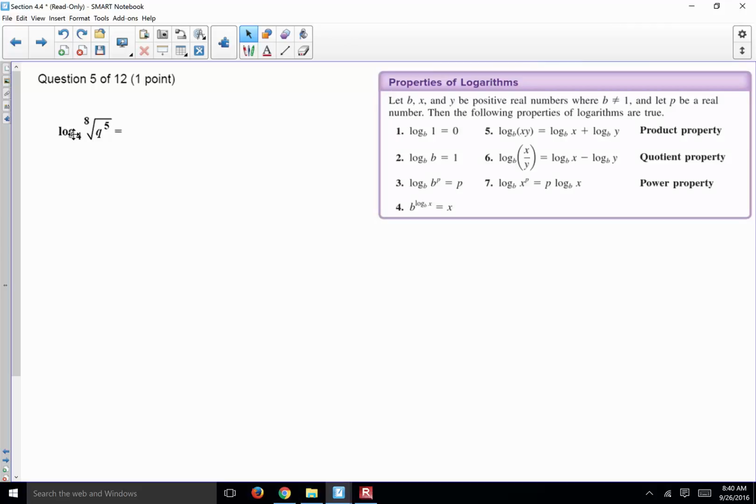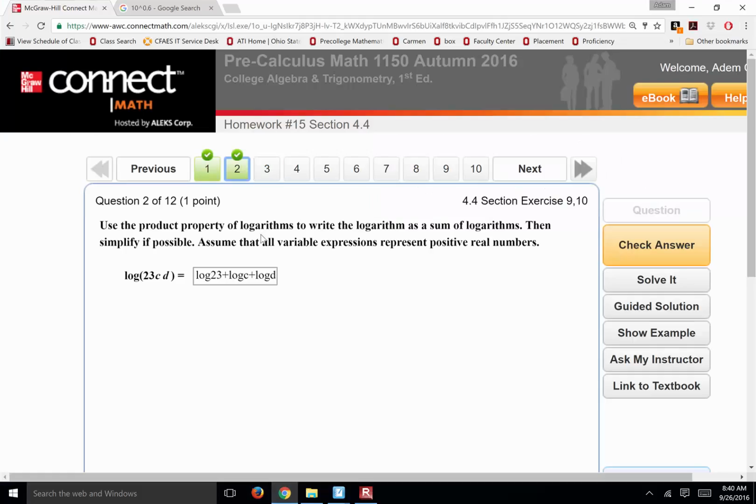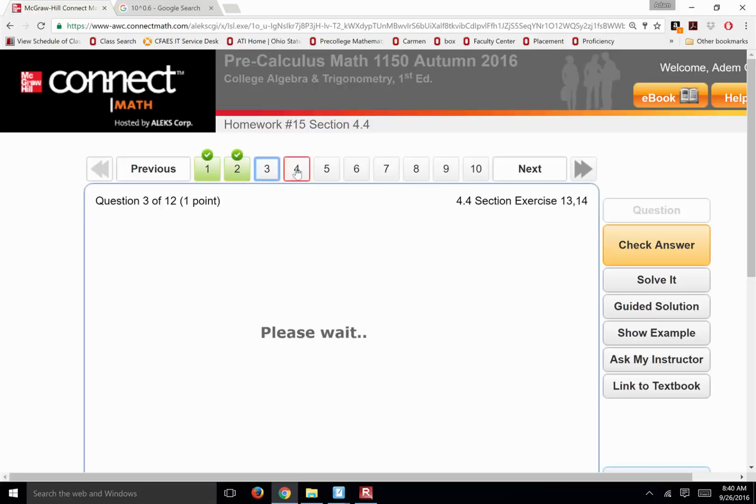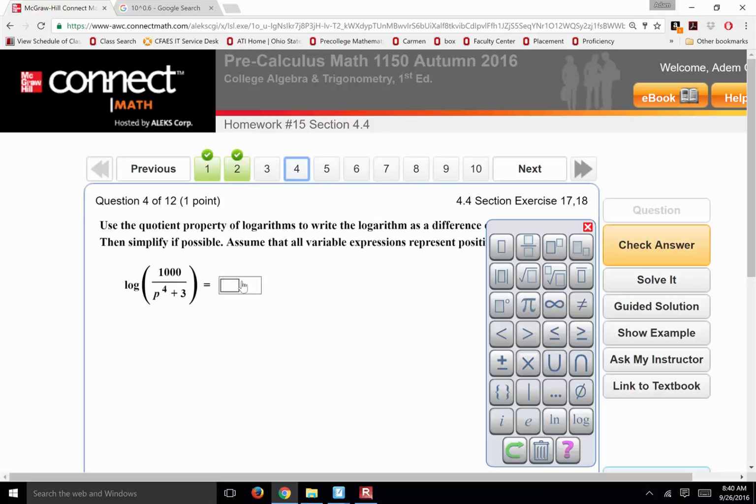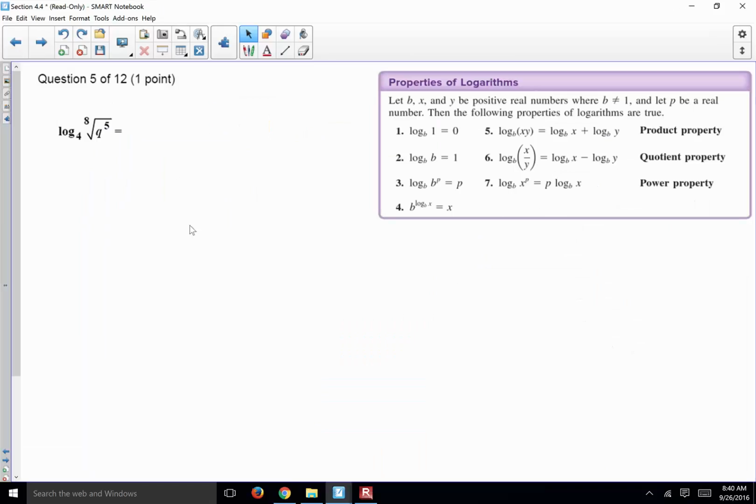Alright, just think about this one. Base 4, 8th root of q to the 5th. Any ideas?